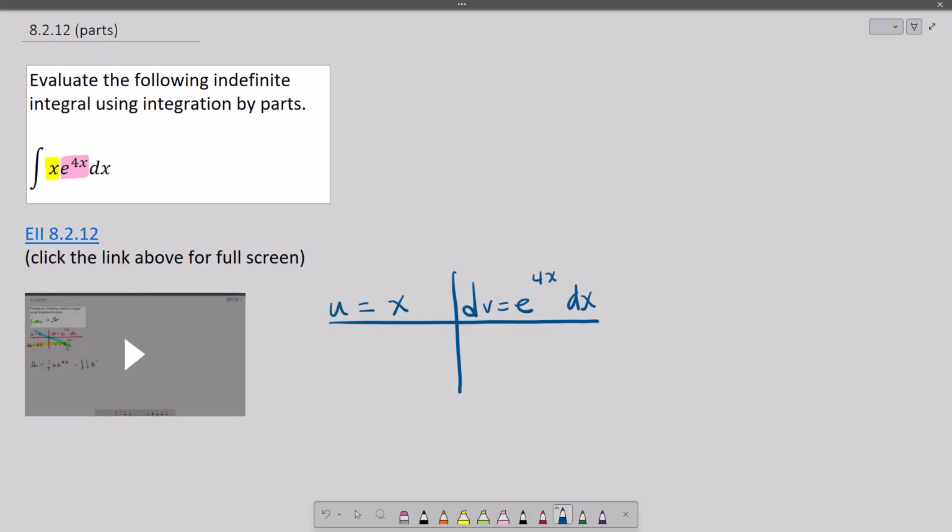Now another rule of thumb is that if one of your factors is a power of x, putting it with the u is nice because then you're differentiating it and that's pulling the power down. Right? So if you have x to the 3 and you took its derivative, it would be 3x squared. So the power is going to be decreasing. So it's another good rule of thumb to think about. If there's a power of x, putting it with u is kind of nice because it's going to reduce the power.